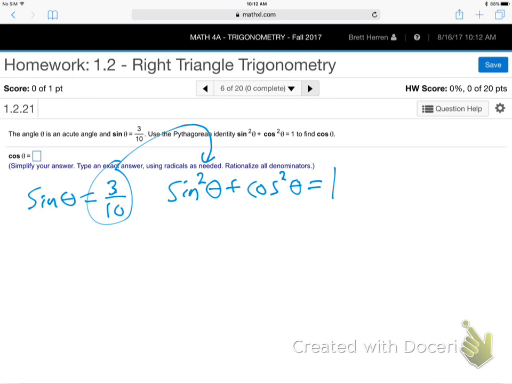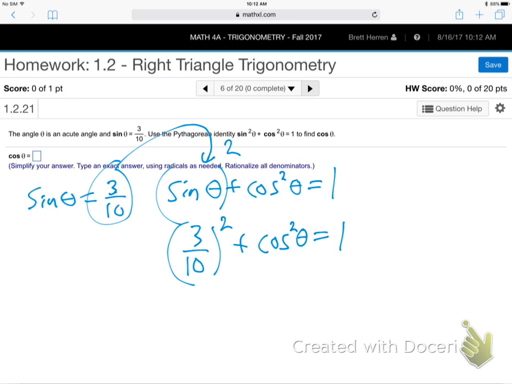That's the same thing as doing that. It just means the whole thing is squared. So that's what they're saying. So it's going to be 3/10 squared plus cosine squared is 1. Good so far? Just plug it in. The sine of theta is 3/10.